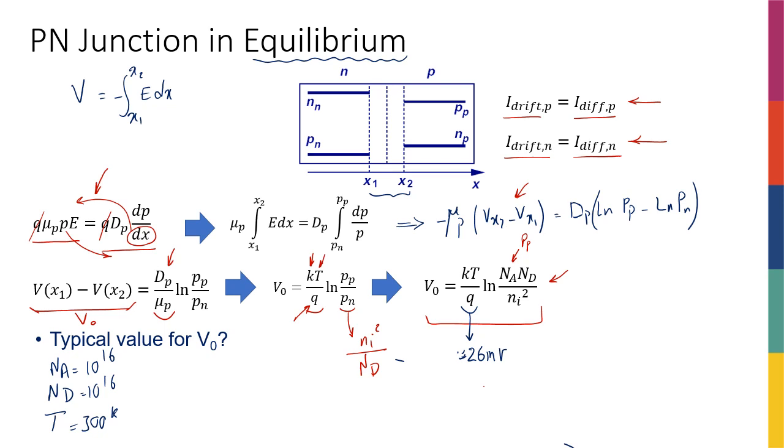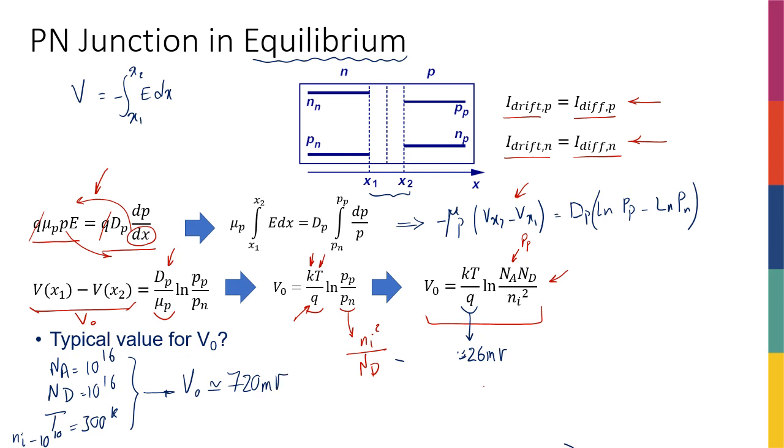And we know that Ni for silicon is approximately 10 to the power of 10. So with all these numbers, if you do the math, you're going to find V naught to be somewhere around 720 millivolts.